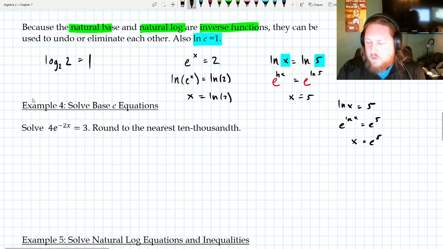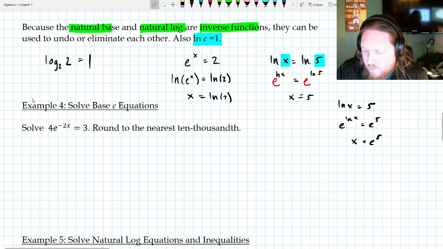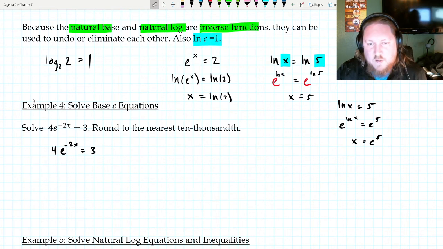Like example 4. I have 4e to the negative 2x equals 3. Well, the first thing I'm going to do is divide both sides by 4. So I get e to the negative 2x equals 3/4. I take the natural log of both sides.